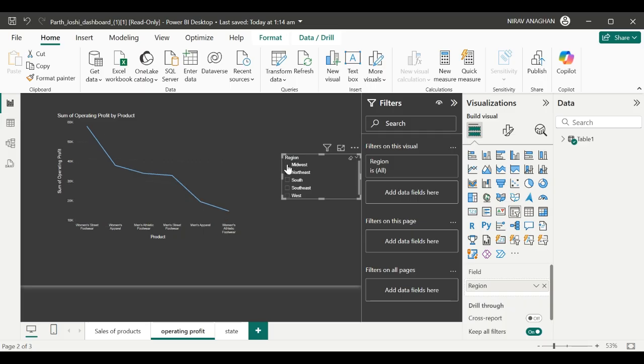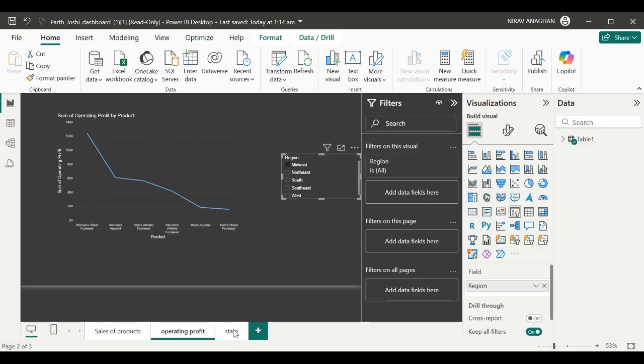So the midwest has the highest number of sales. The company is gaining more profit from the midwest region than from any other region that we can analyze.